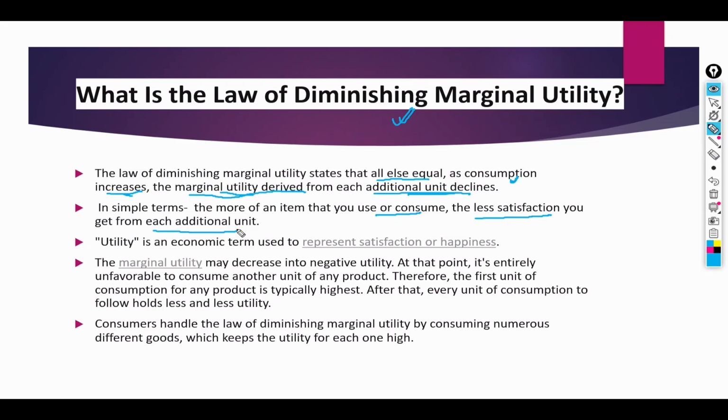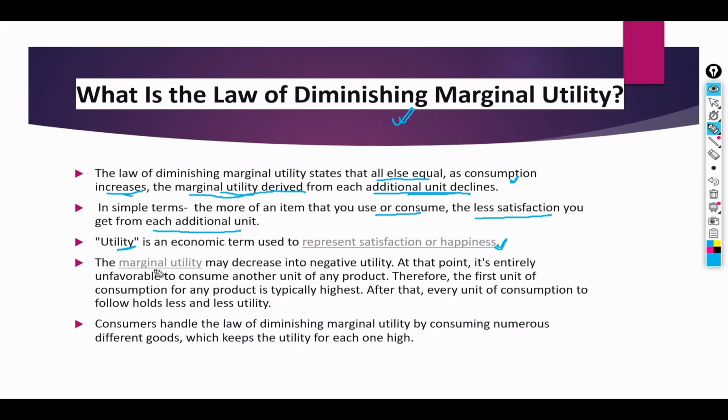I have given you lots of examples. You can also think of different examples in your day-to-day life, and you will come to know what the law of diminishing marginal utility is trying to say. If you find any interesting example, you can put it in the comment box so that others will also come to know. Utility is an economic term used to represent satisfaction or happiness, whatever satisfaction or happiness you are getting from a product's usability.